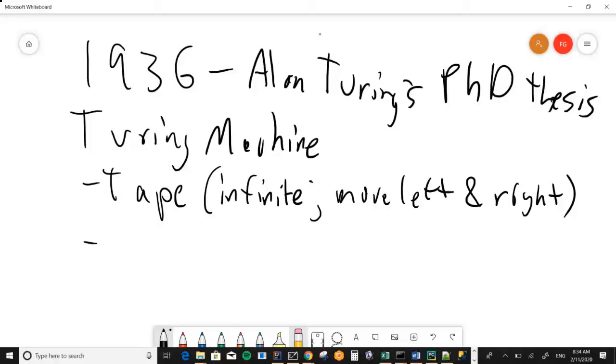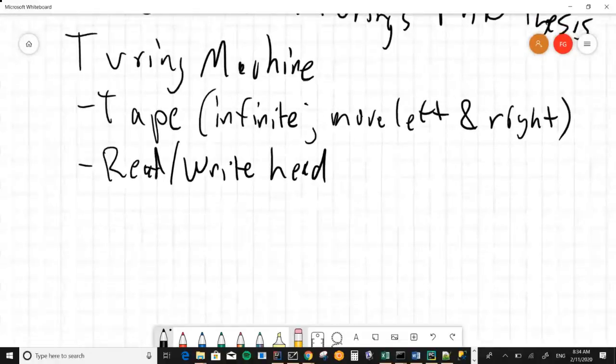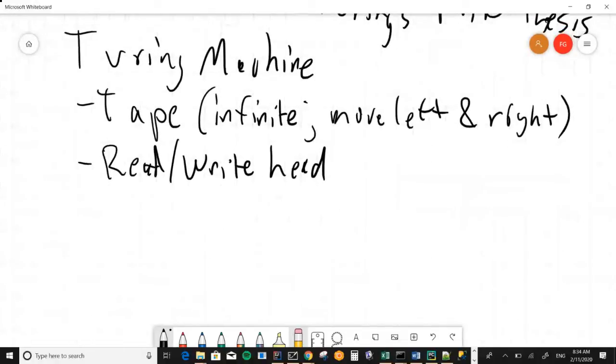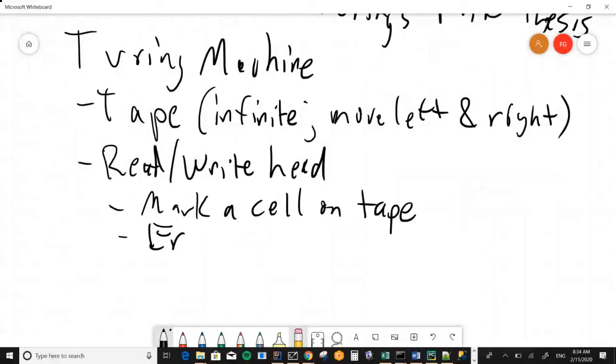Now, hovering above that tape is a read-write head. So what's the concept of this read-write head? Essentially, it can mark a cell on the tape, or it can erase the cell on the tape. So this thing just kind of moves back and forth. It makes ink blots, or it can erase an ink blot.